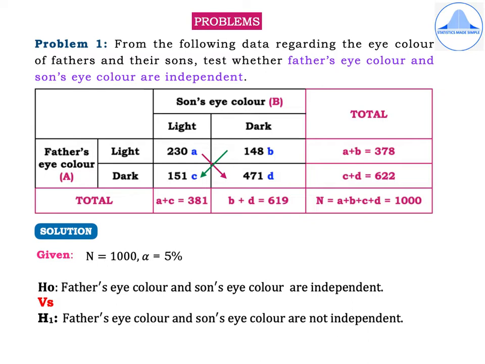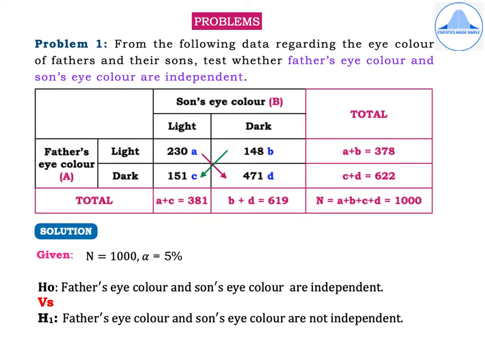When I add A plus C, I get 230 plus 151 equal to 381, and B plus D is 148 plus 471 equal to 619. When we add both the row totals and both the column totals, we get capital N equal to A plus B plus C plus D, which is equal to 1000.